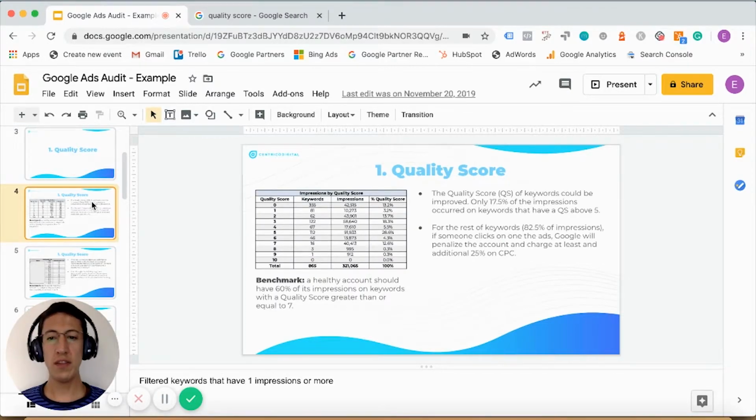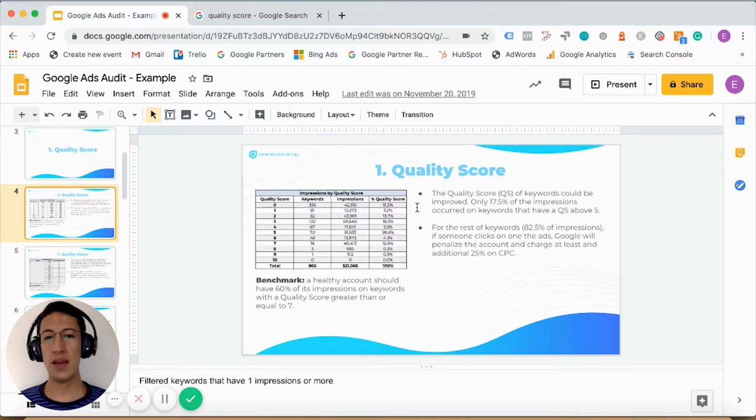So one of the things that we normally analyze in terms of quality score is to see how many impressions we're getting on keywords based on their quality score. So as you can see here, for this client, we saw that only 18% of the impressions that they were getting actually happened on keywords that had a quality score above 5.